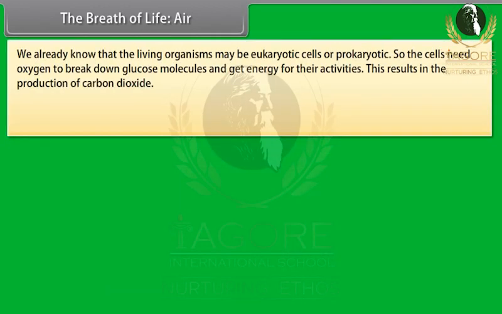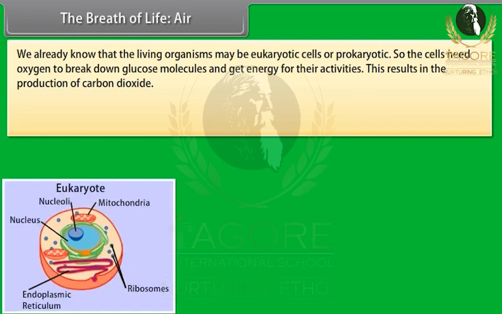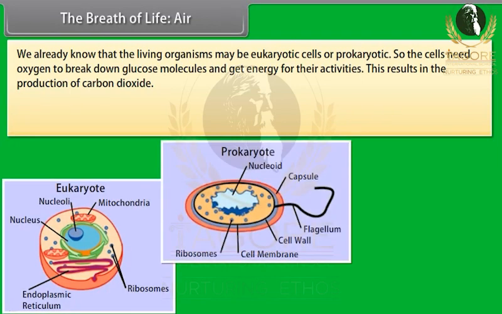We already know that the living organisms may be eukaryotic cells or prokaryotic. So the cells need oxygen to break down glucose molecules and get energy for their activities. This results in the production of carbon dioxide.